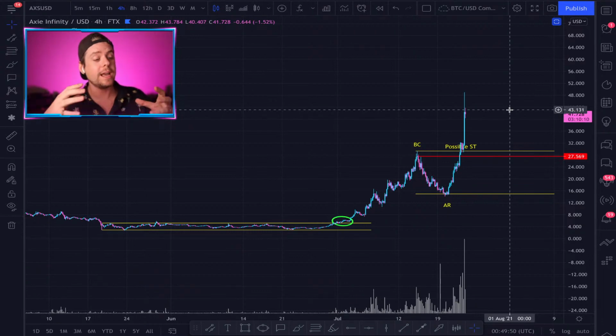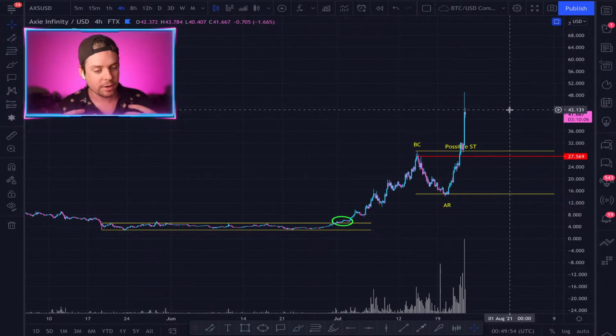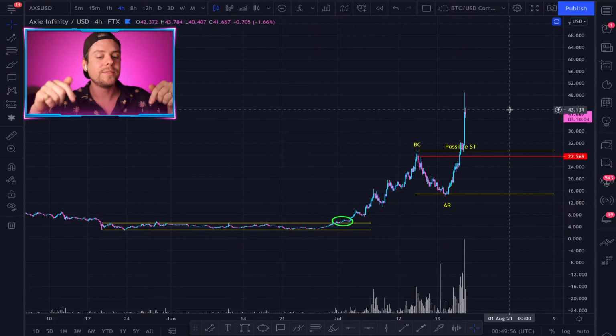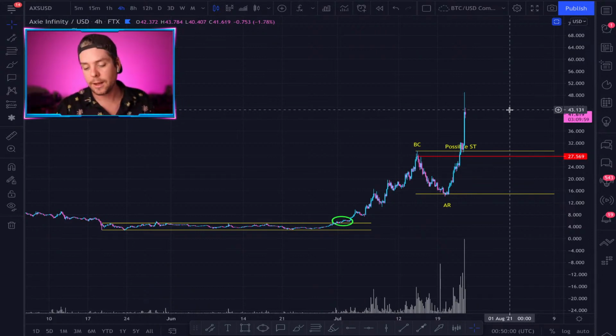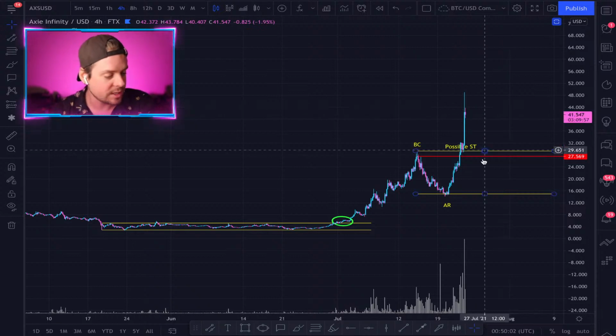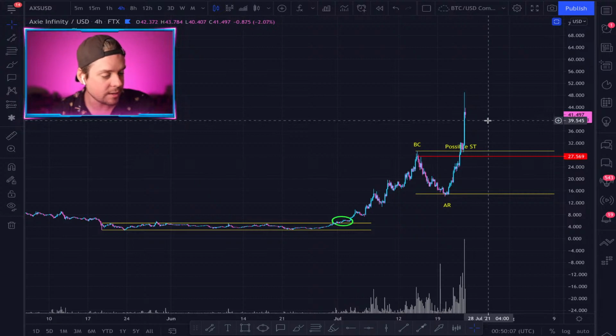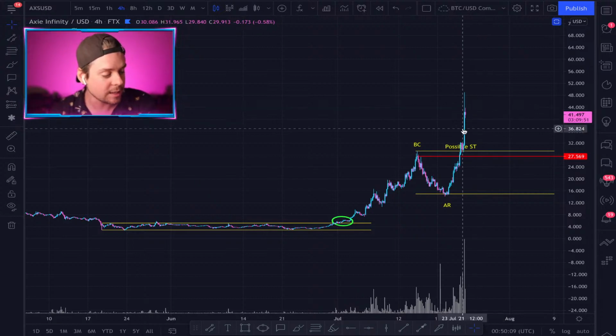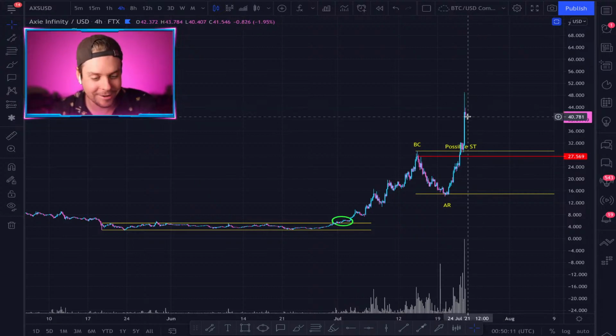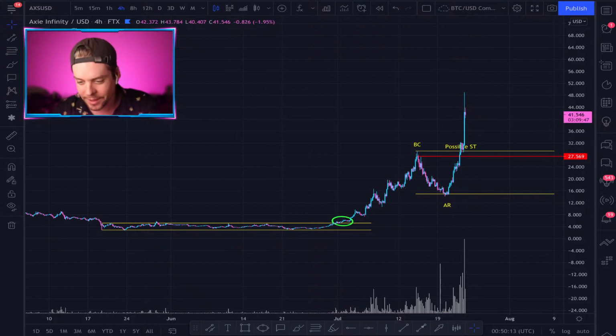Honestly, from a fundamental point of view, as an Axie Infinity breeder, as a scholar manager, I want this to go down. So we'll see what happens. But it's pretty interesting how the demand has really taken over on this one. And yeah, we hit $50 today, turned around, headed back down. I'm not ready yet. I am not ready yet.